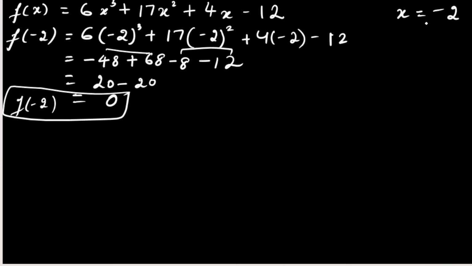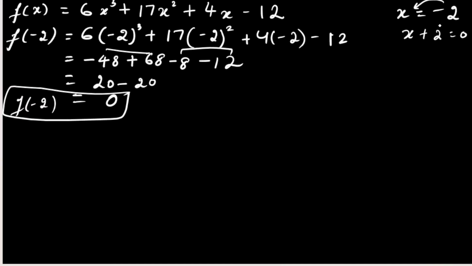So this you have to convert into a polynomial. Whenever you figure out the value of x, that particular value you have to convert into a polynomial also. How to convert? We have taken the value of x equal to minus 2. So minus 2 we can shift to this side, and it will become x plus 2.